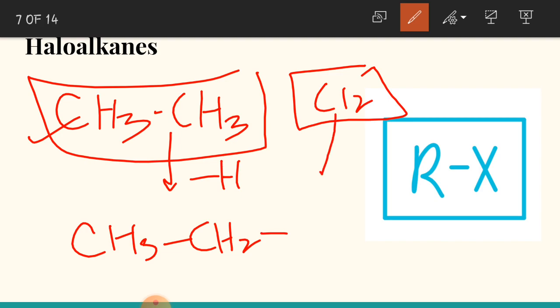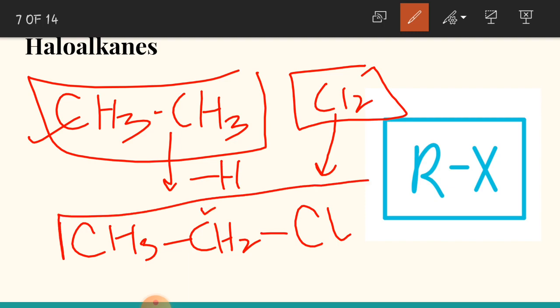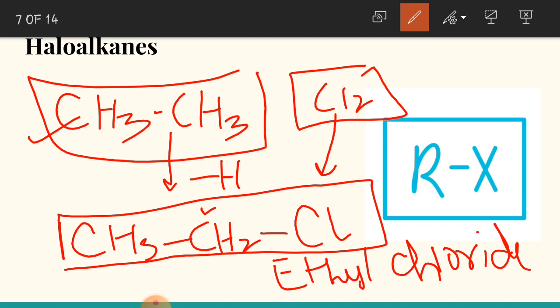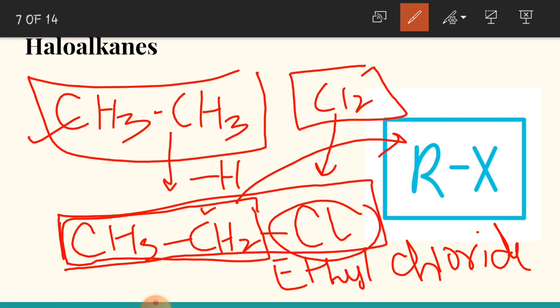Now one of the chlorine atoms gets attached with this carbon atom and it results in the formation of an alkyl halide or a haloalkane. This is called ethyl chloride. So this portion is the alkyl group and this portion is the X group. So this is how haloalkanes are represented.